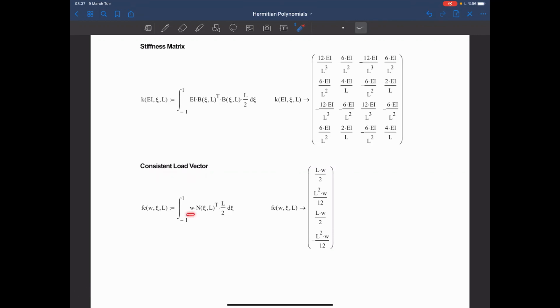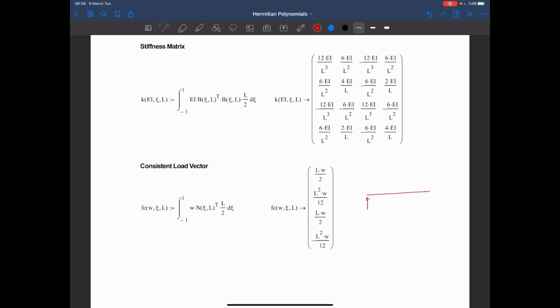It is the magnitude of the uniformly distributed load multiplied with the shape function itself. So I use transpose here so that I get a vector. Here again, conversion from dx to d psi from -1 to 1. And as you see, here we get the fixed end forces as follows.